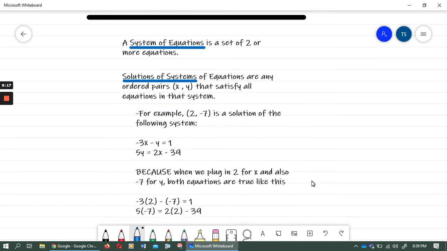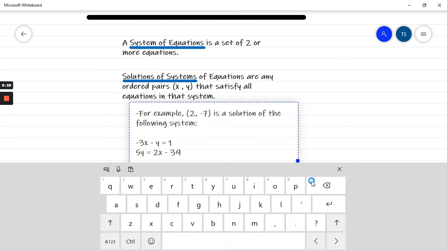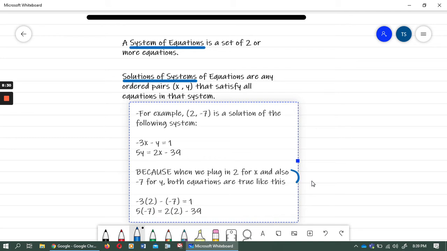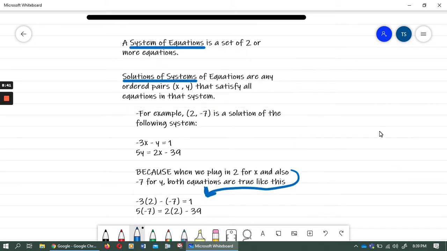So you can see what we've done here is we've plugged in the x value for x in both equations, and we've plugged in the y value for y in both equations.